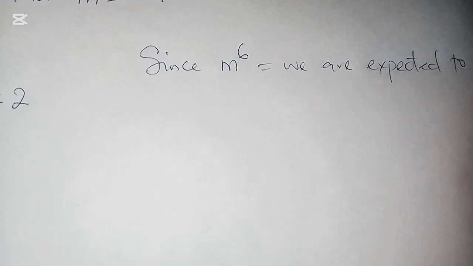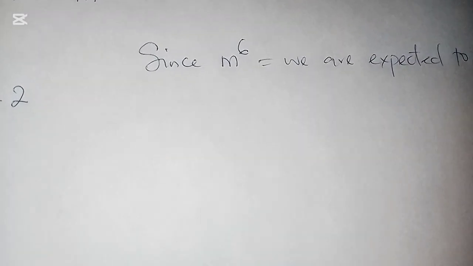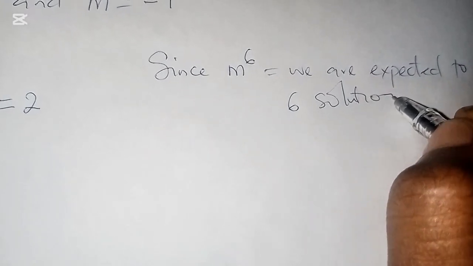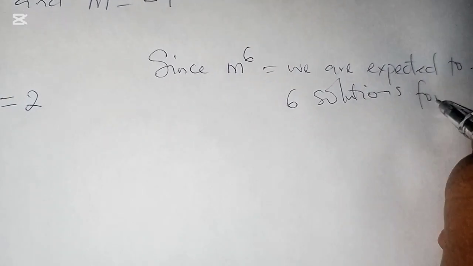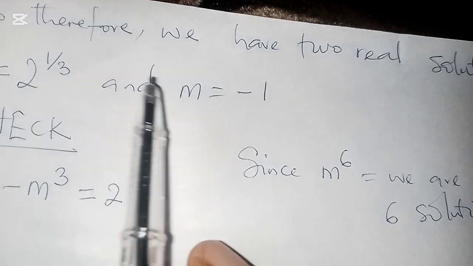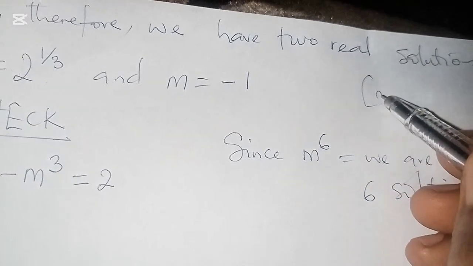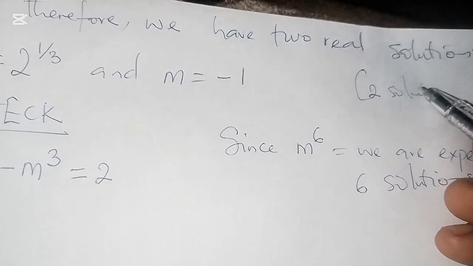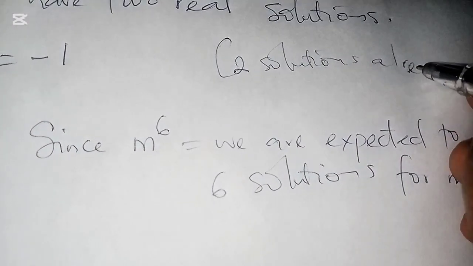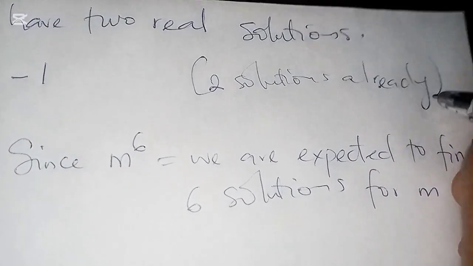So we're just trying to explain that for m to the power of 6, we are expected to have six solutions for this equation. We already have two real solutions, so we're left with 4, which we already have.